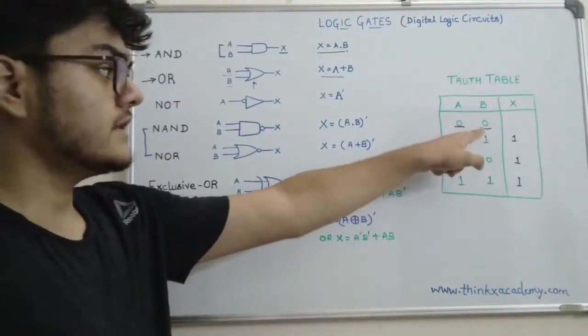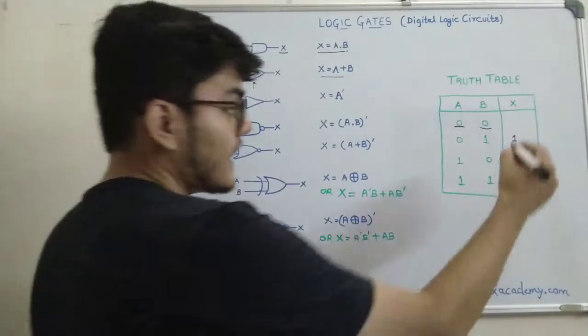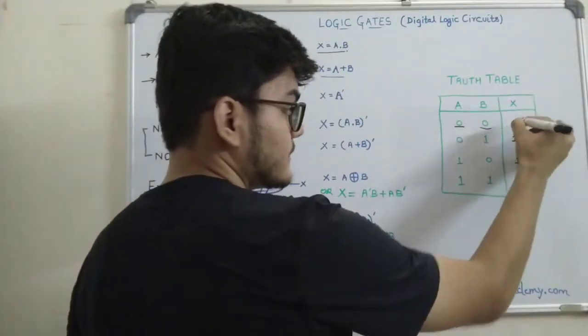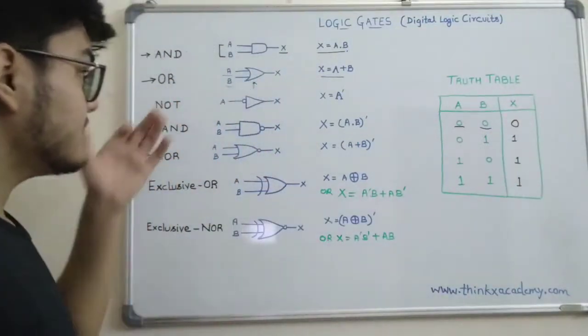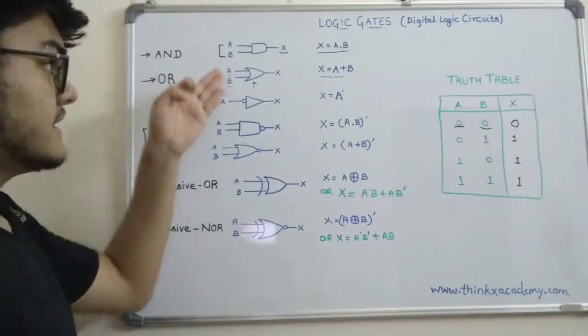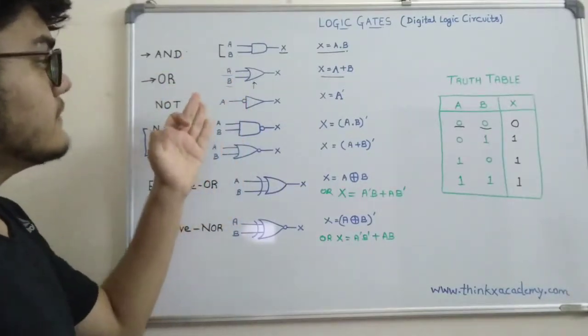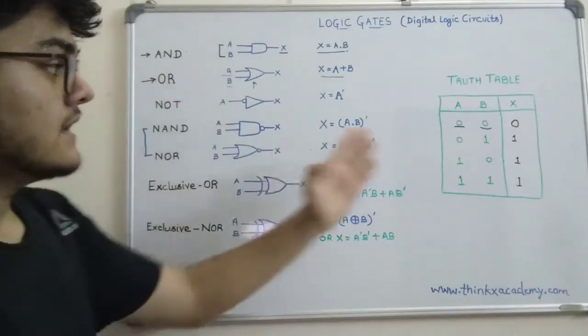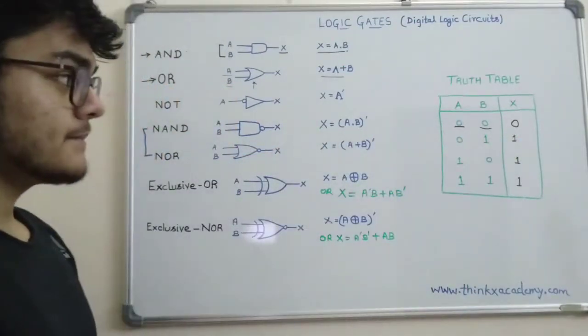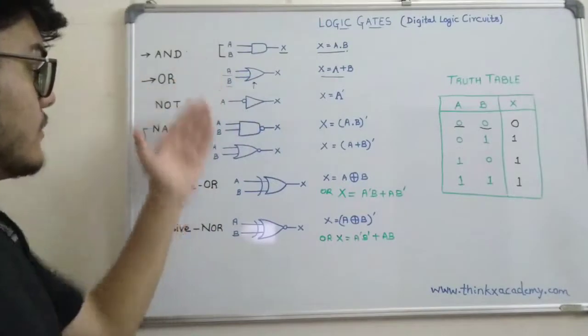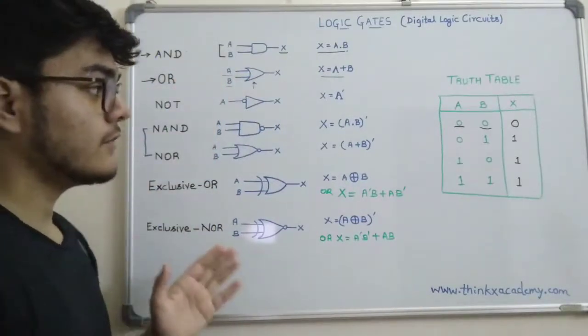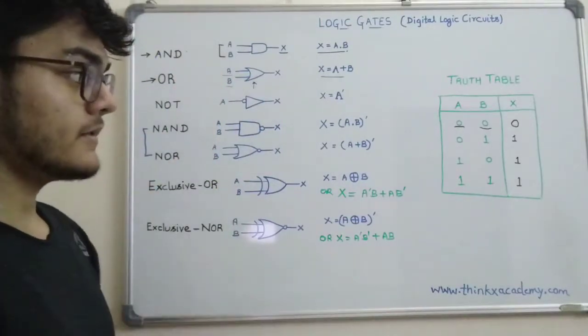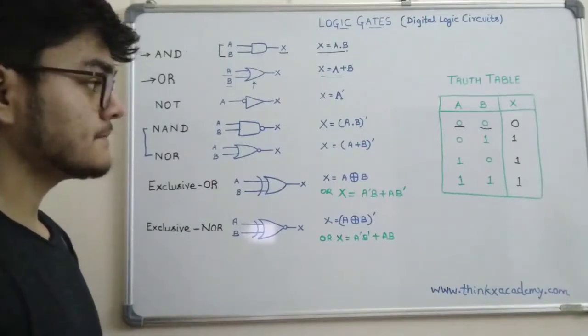If both the input signals are 0, the output will be 0. So that's how these gates, which are basically circuits, work. Whenever you pass some inputs to these circuits, they give you an output. And combinations of these gates are used to perform some very heavy operations in our computer system.